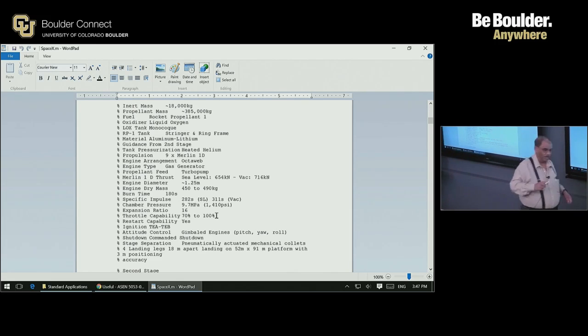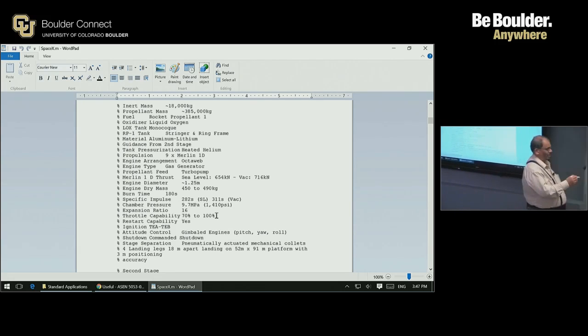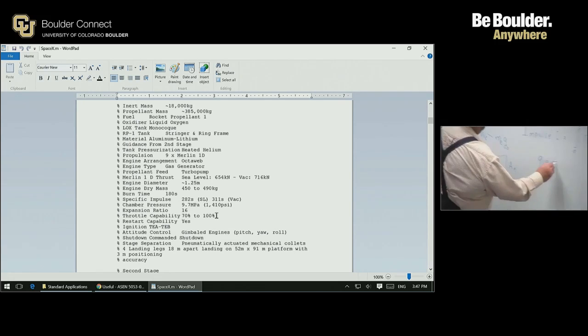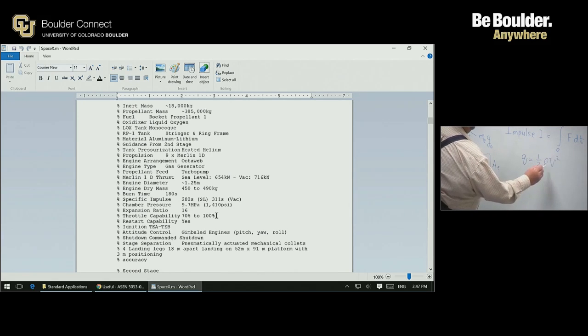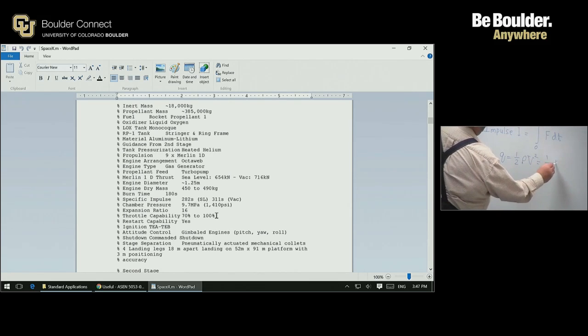How many of you know what Q is? Q is the dynamic pressure. Q is half the density times the velocity squared, or it can also be written as half the pressure times the square of the Mach number. This is aerodynamics 101. You should know that.